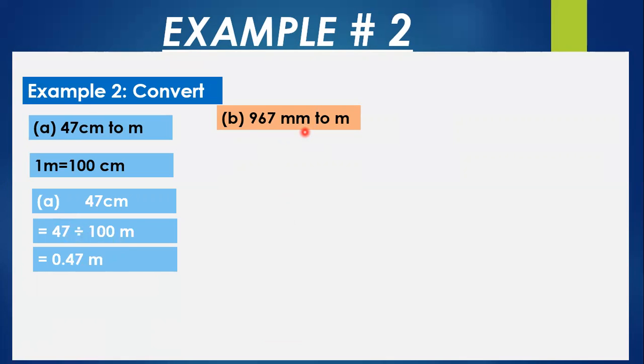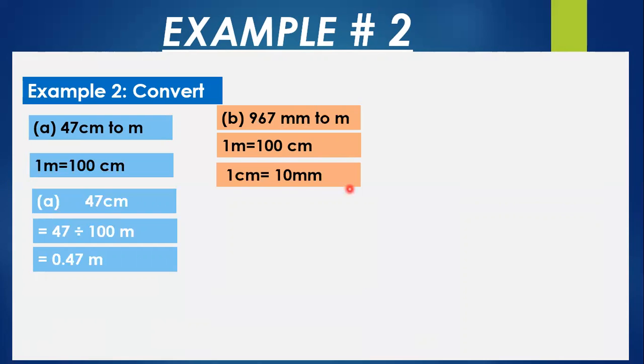Millimeter to meter. Again, a smaller unit to bigger unit. So first we have to convert this millimeter into centimeter, then centimeter to meter. Okay, so 1 meter is equal to 100 centimeters and 1 centimeter is equal to 10 millimeters.